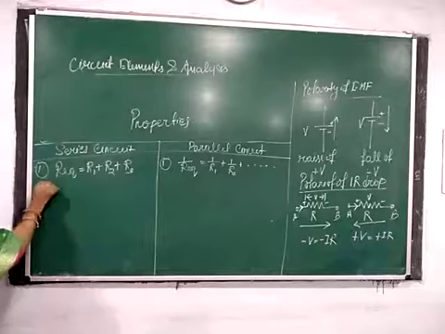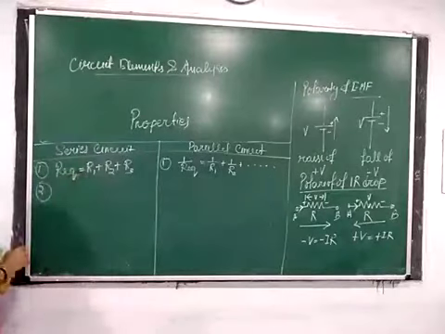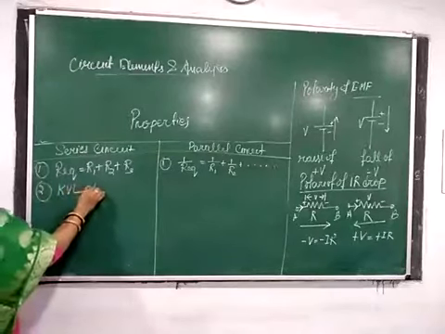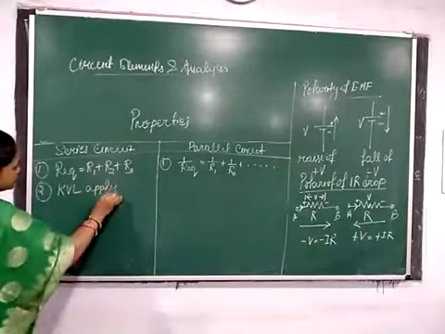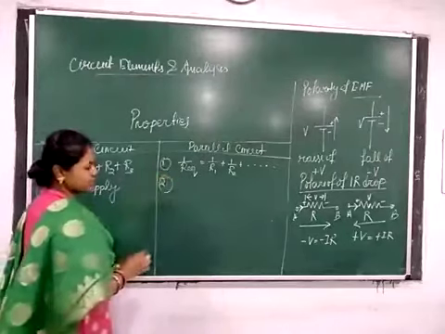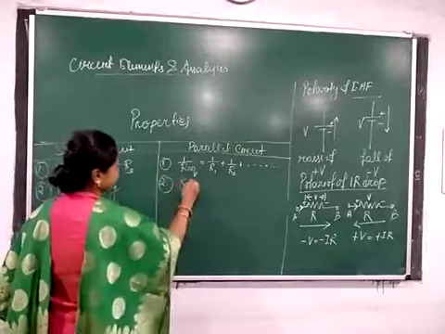Second thing, for finding the equivalent resistance, here you apply KVL. Here for finding equivalent resistance, you apply KCL.